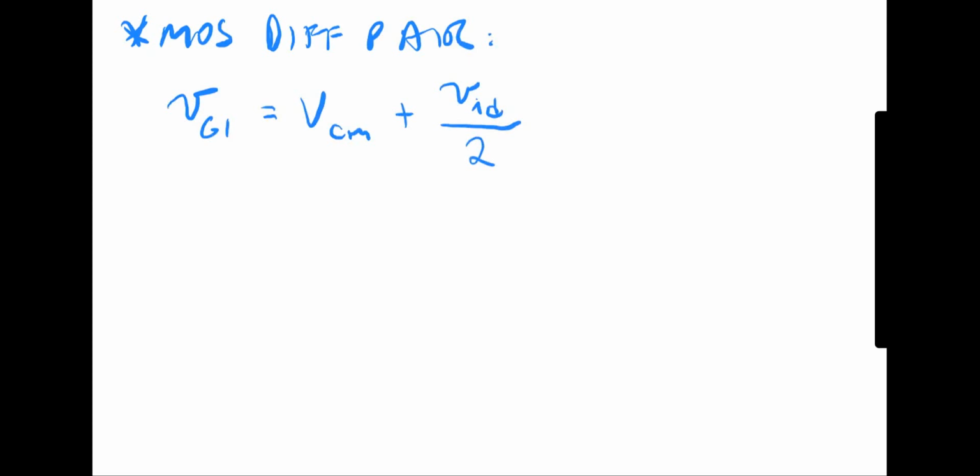So we're going to say that the absolute voltage at the gate of transistor 1 is going to be some common voltage, that's VCM, and then for the actual differential input between both gate voltages, we're going to assign half of that differential quantity to the gate of transistor 1.